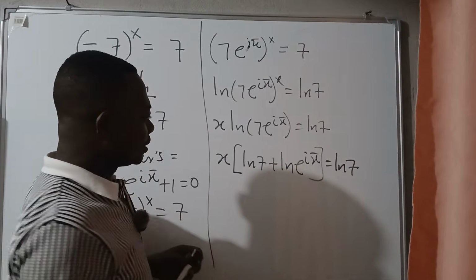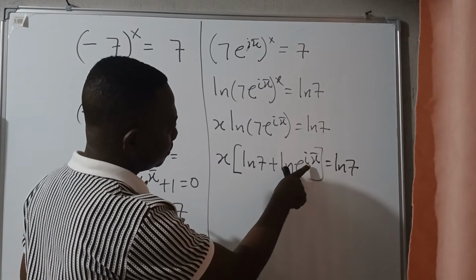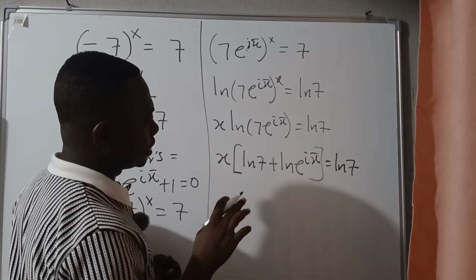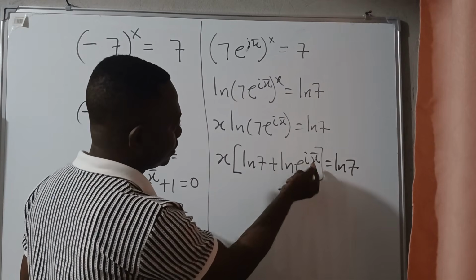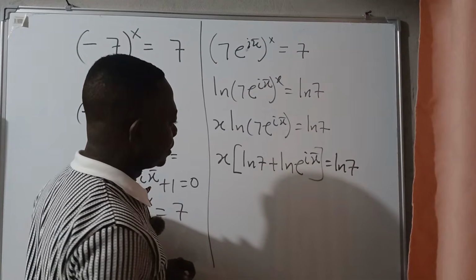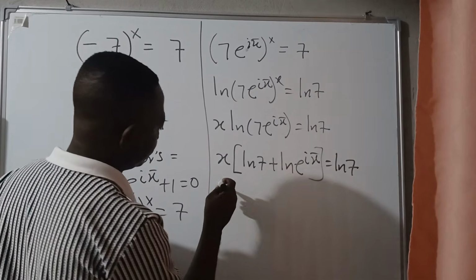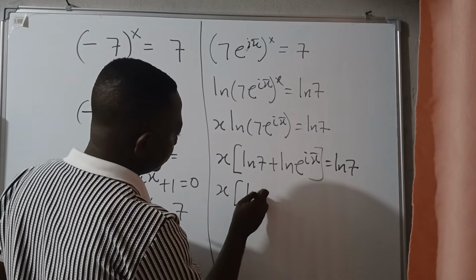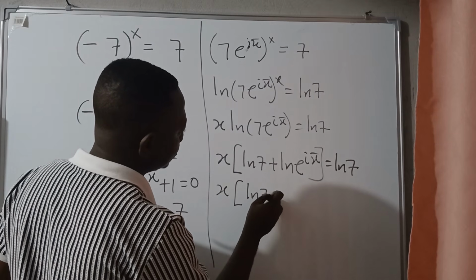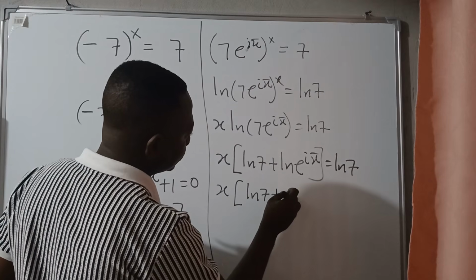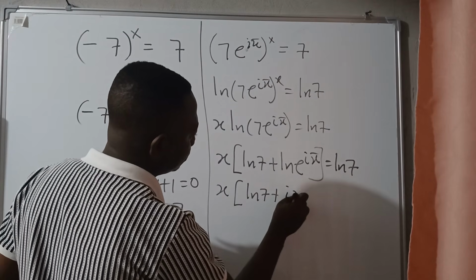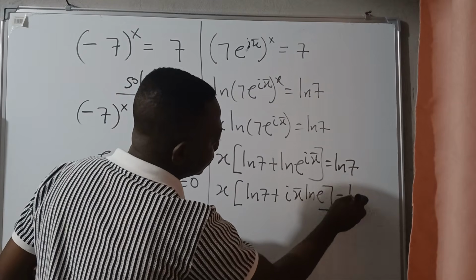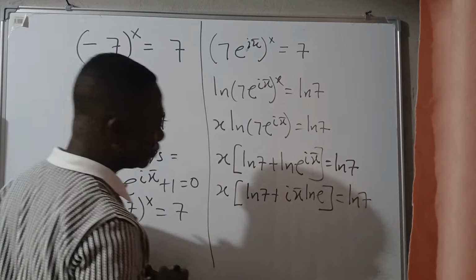Now let's focus on this one. We have this one as a power, so don't forget the rule. This one is a power, so it comes behind the log. So we have x times (ln of 7 plus iπ ln of e) equals ln of 7.